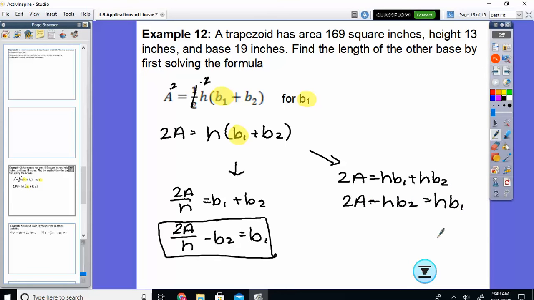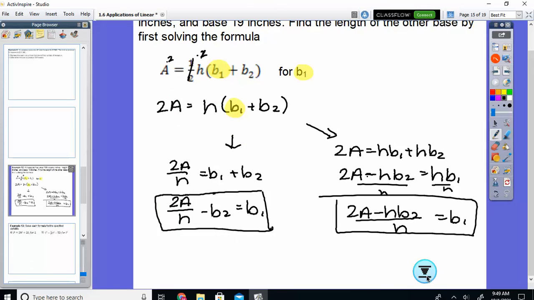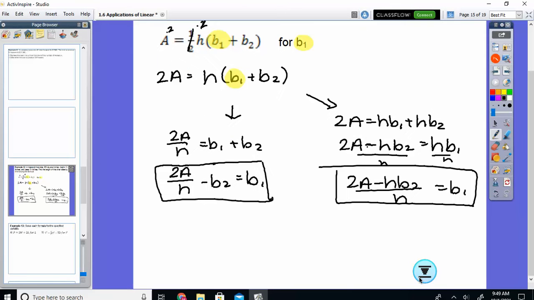And then what would you do with your h? Divide it over. And so you would get 2a minus h times b sub 2 divided by h. Okay, you don't have to have both of these, just one, but both are true equations. So either one is correct.